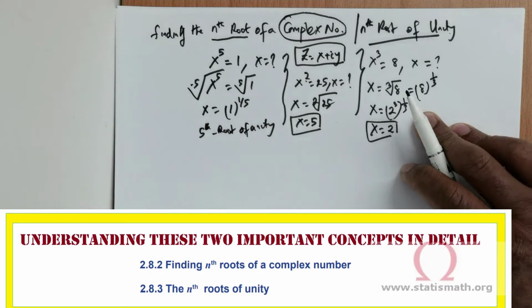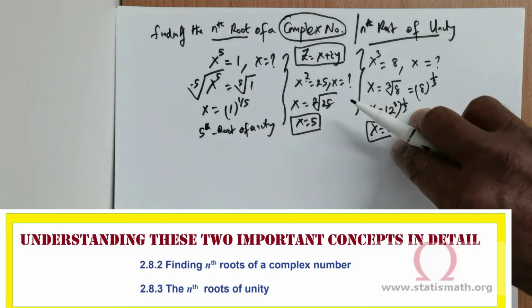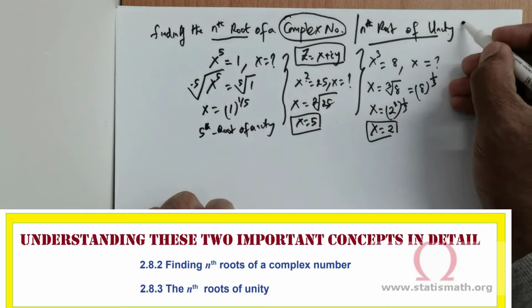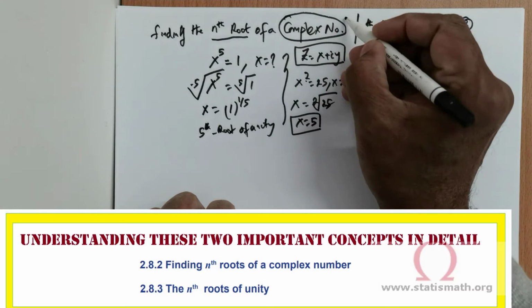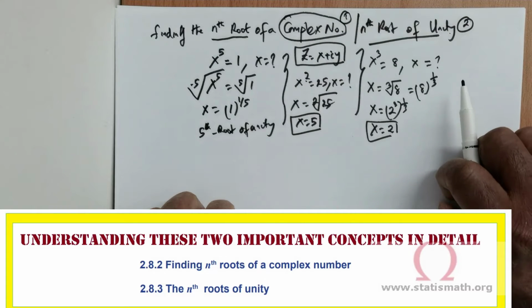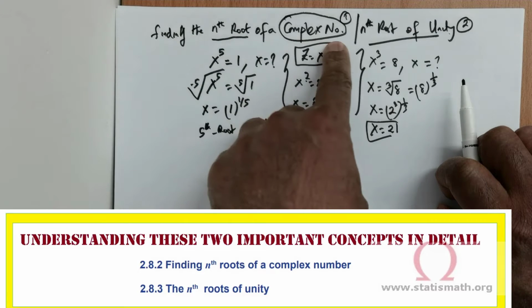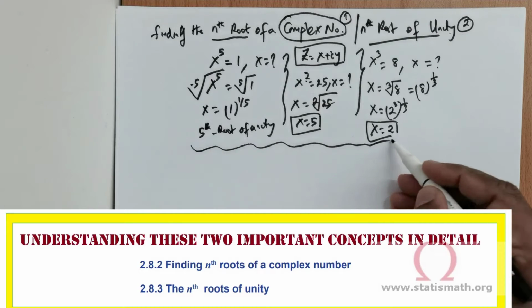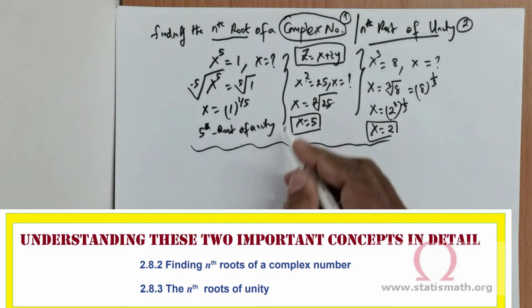In the same manner, we are expected to find the nth root of unity, so that would be my second part. My first part for this explanation is how to find the nth root of a complex number. Having said that, let me proceed to the topic.